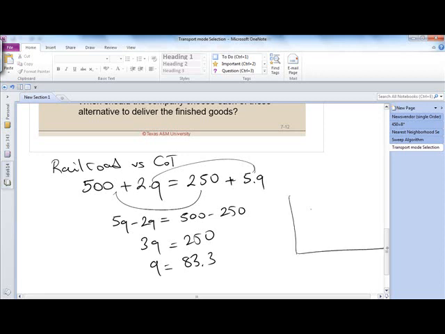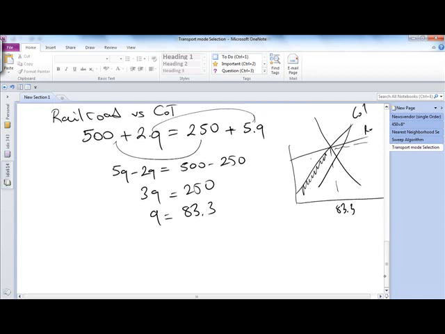If I was drawing this figure for these two options only, this is company truck, this is railroad, this is 83.3. So below 83.3 I should use company truck, and above that I should use rail. But I have three options, so this is really deceiving. I should never draw an incomplete graph without calculating all the numbers, so please don't do that, and do not try to read this single figure.